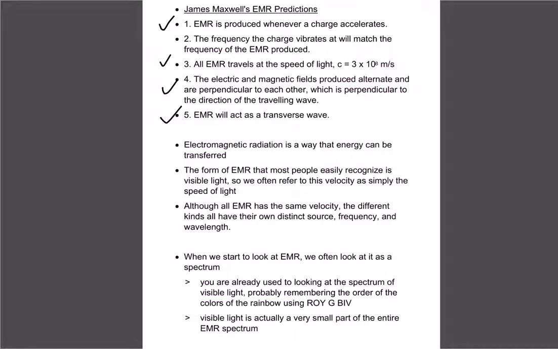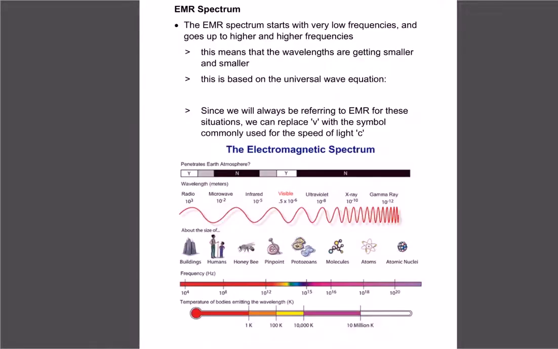But the key thing is, because Maxwell said everything travels at 3 times 10 to the 8, they all have the same speed. If we look at the spectrum, we're going to go from largest wavelength to smallest wavelength, or lowest frequency to highest frequency. And we're going to see that visible light is a tiny portion of that.